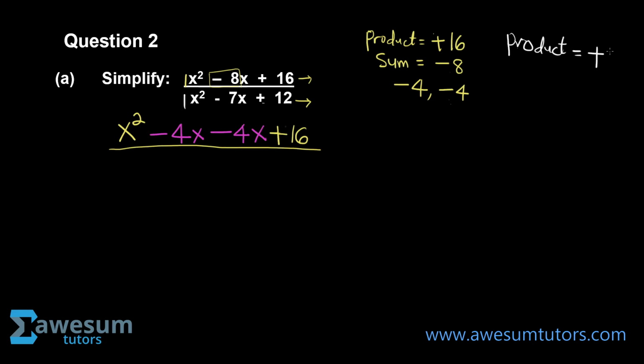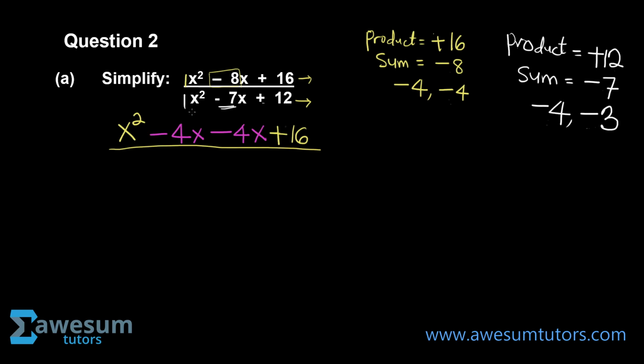When you add them together, the sum should give you minus 7. If you take note, minus 4 and minus 3 are good candidates, because minus 4 minus 3 gives me minus 7, and minus 4 times minus 3 gives me 12.